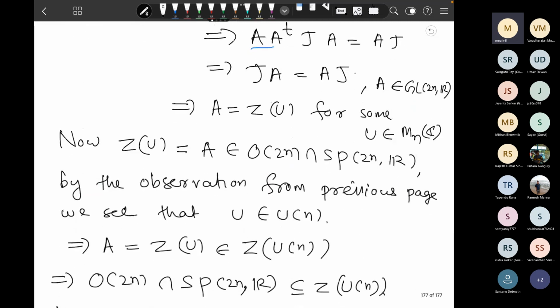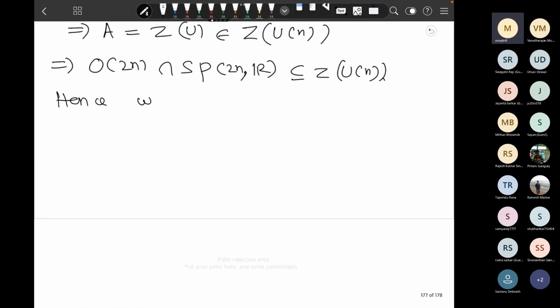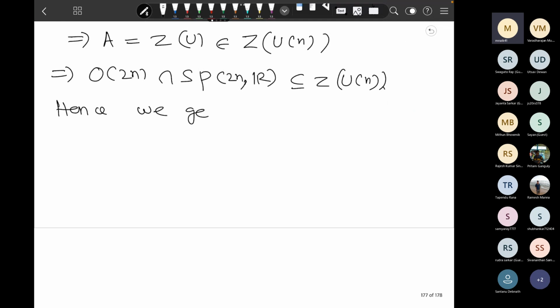Hence the proof of the proposition: Z of U_n is equal to O_2n intersection Sp_2n(R).